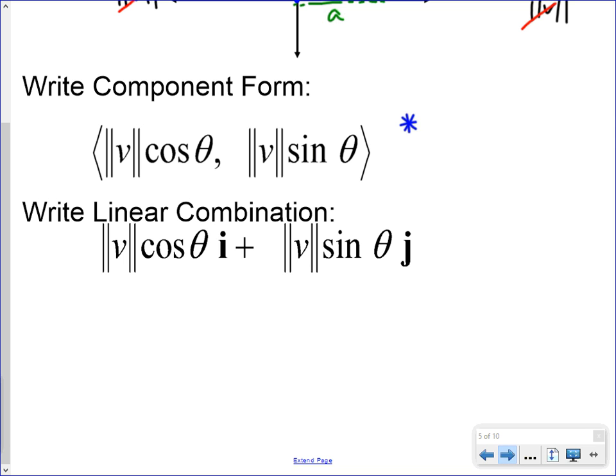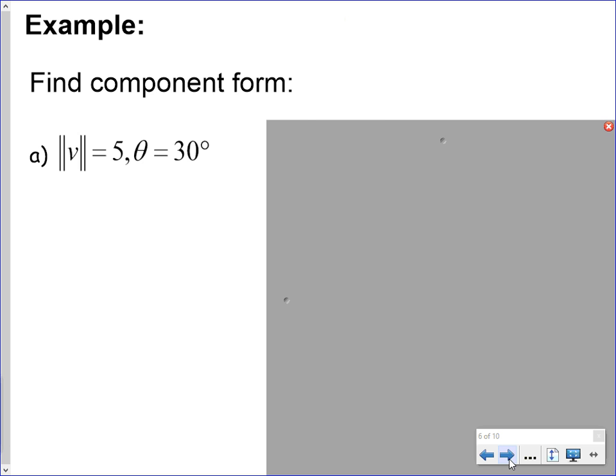Okay, let's put this to use in an example. Find the component form, please, given that the magnitude of v is 5 and theta is 30 degrees.